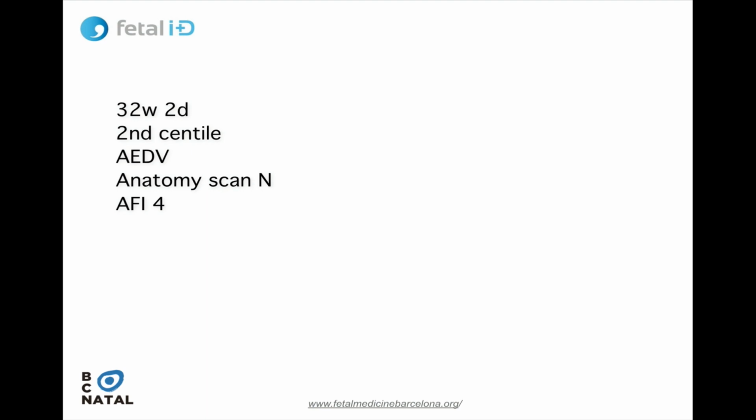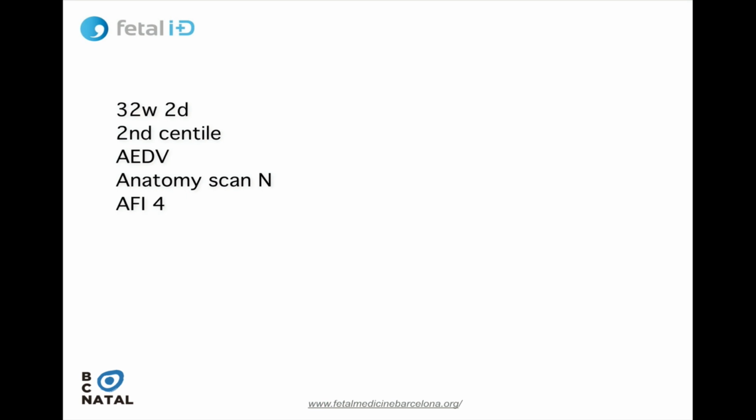This is a 32 weeks gestation, so it's not a horrible case, okay? But it's in the second centile. It has absent end-diastolic velocity in the umbilical artery, so everybody looks at that and gets very hysterical, and the patient as well, of course, because she sees the faces of the doctors.